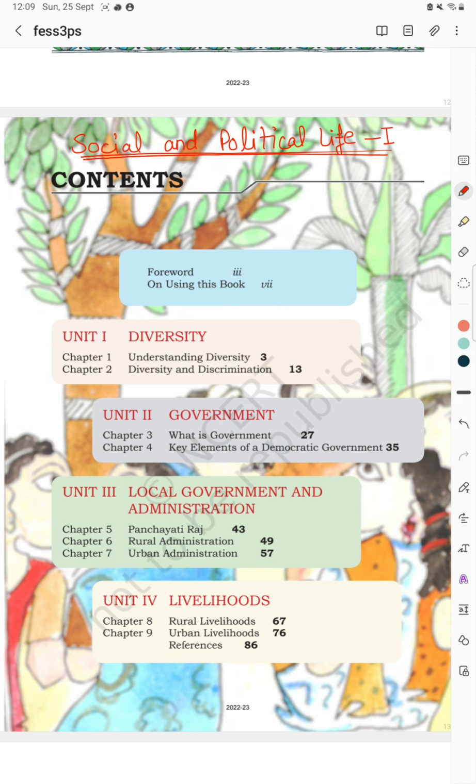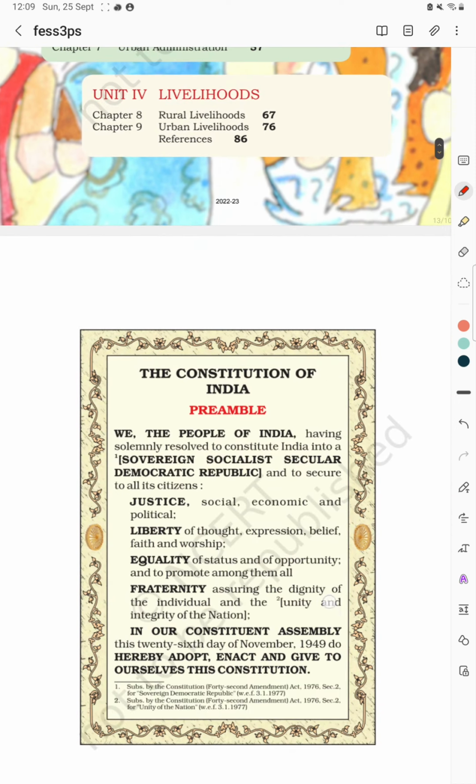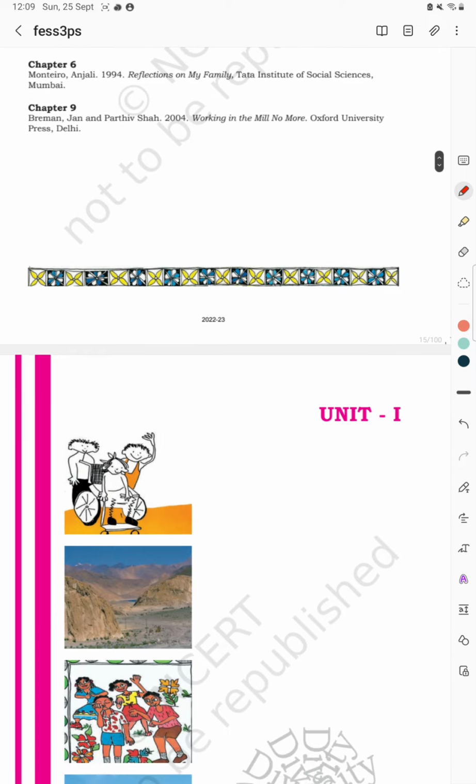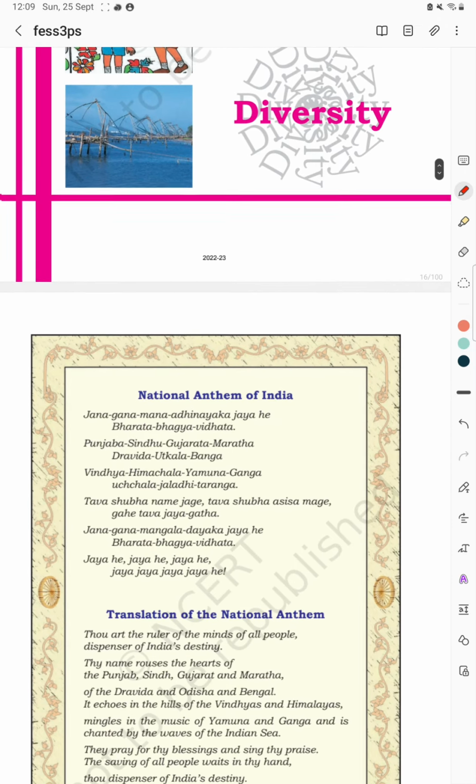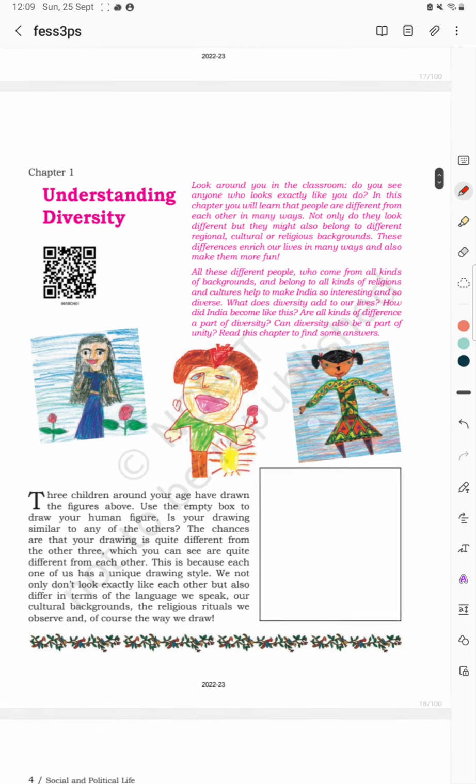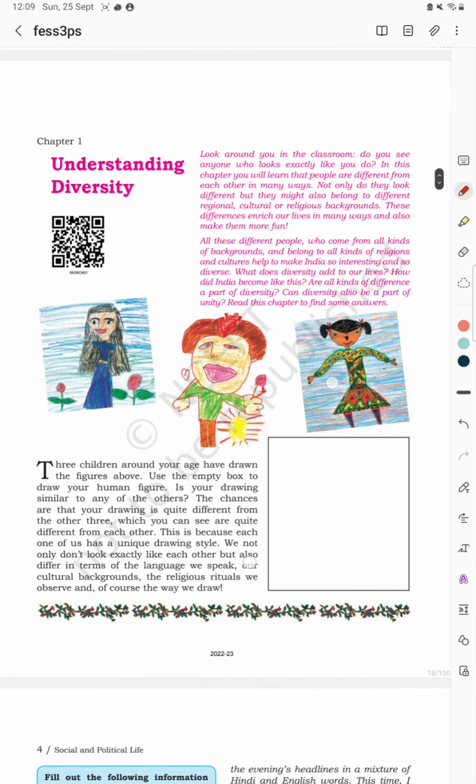So in today's lecture, we will be starting unit 1 chapter 1, that is diversity. So we will be knowing about what diversity is. In this chapter you will learn that people are different from each other in many ways. They look different from each other. They may belong to different regional backgrounds, they may have different cultural backgrounds, or they may have different religious backgrounds.